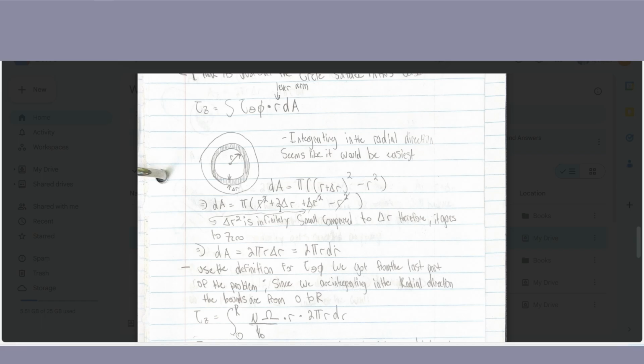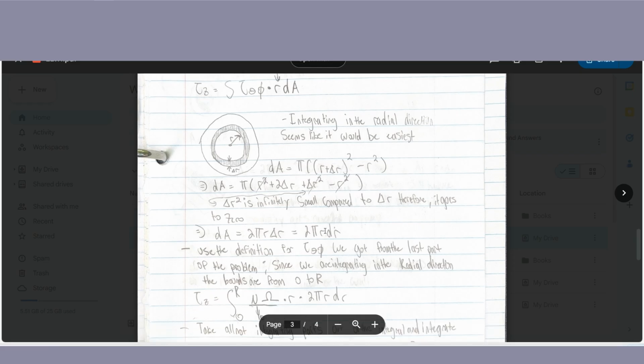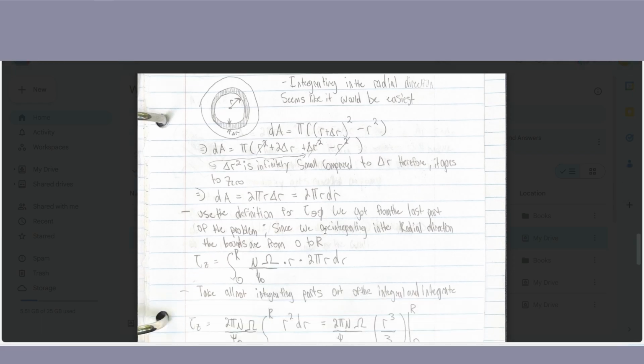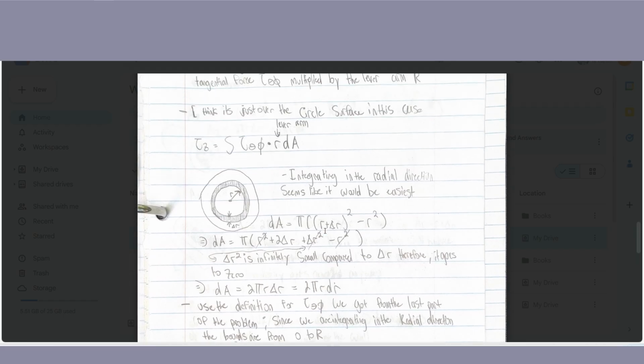That's why that cancels. And then r squared cancels with negative r squared. So you're left with dA equals 2 pi r delta r, or 2 pi r dr. Delta r and dr, same thing. Now we're going to insert the definition for the shear stress that we got earlier.